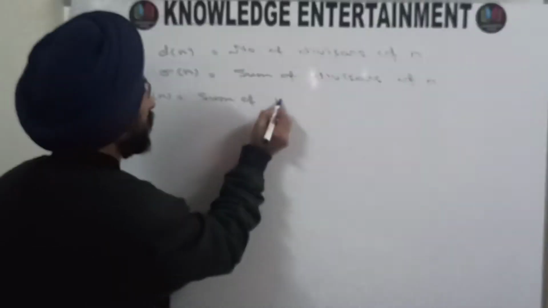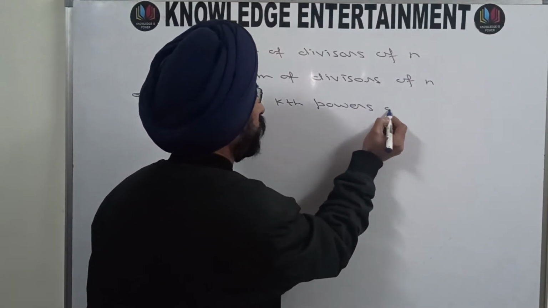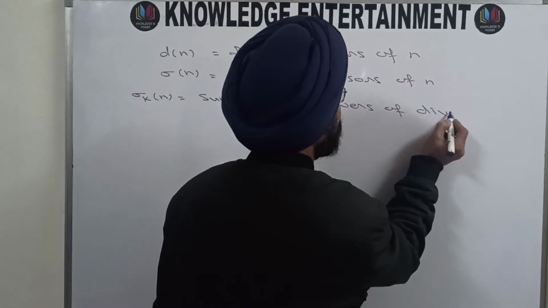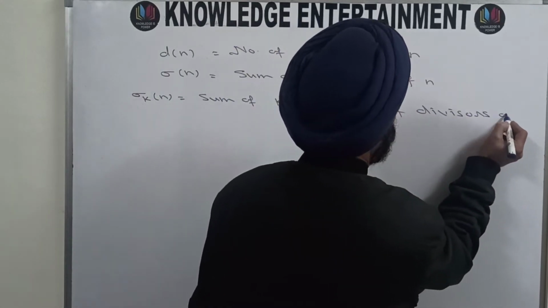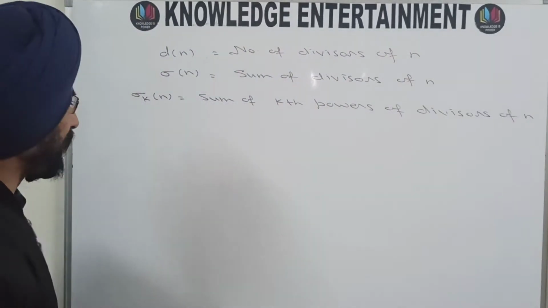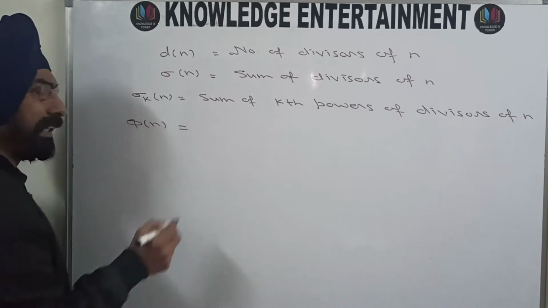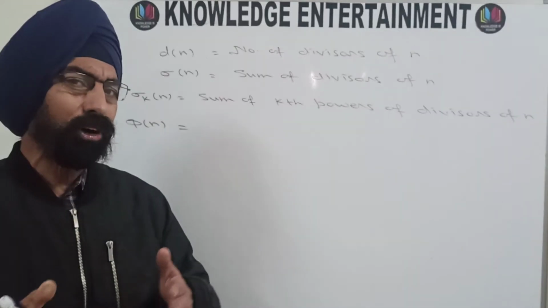It is the sum of kth powers of divisors of n.